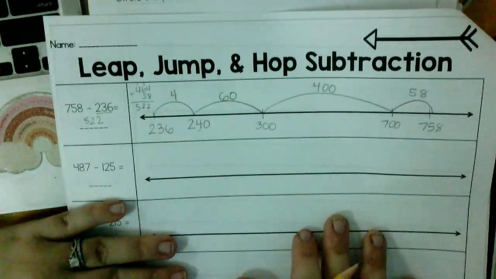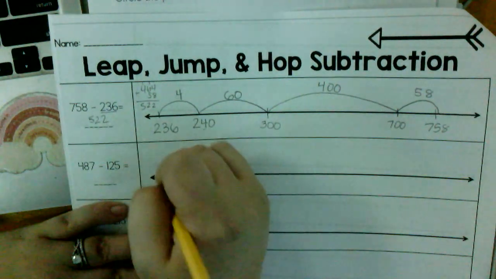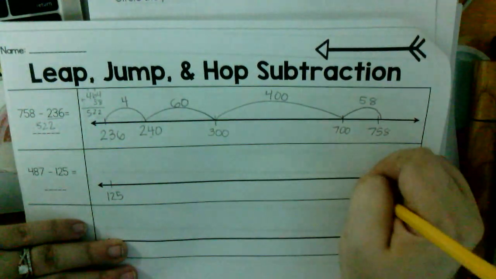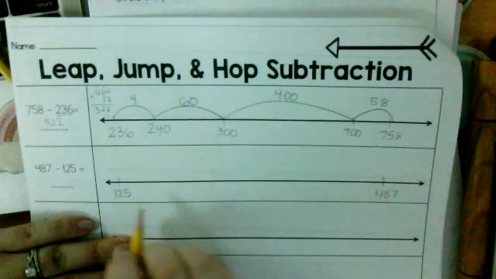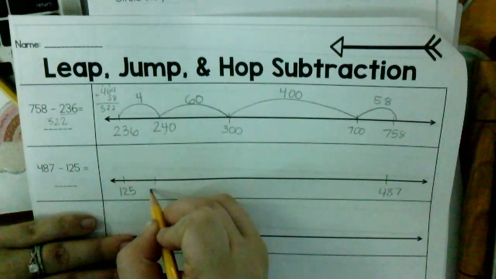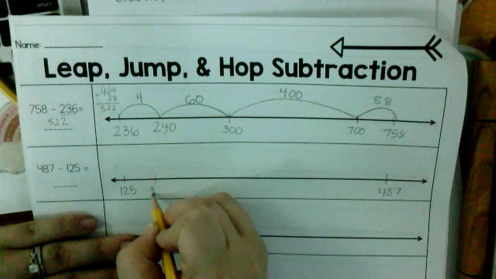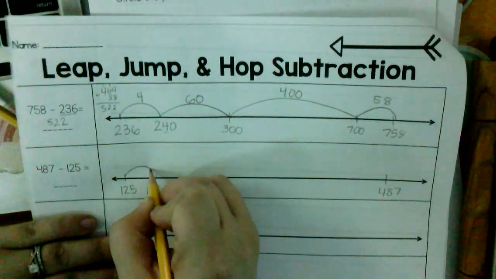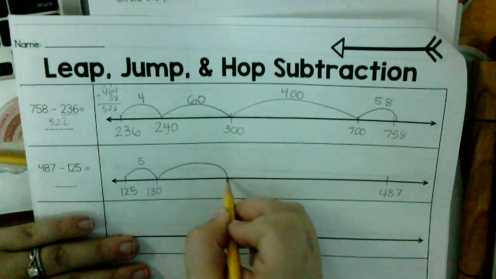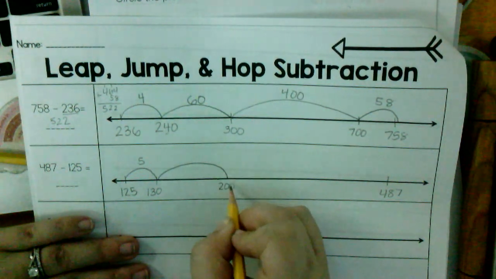All right, then I'll do one more since this is a strategy that was not taught back in the day. So we have 125. Once again, instead of 25, let's see if we can get to 130. Then instead of 30, let's see if we can get to 100.